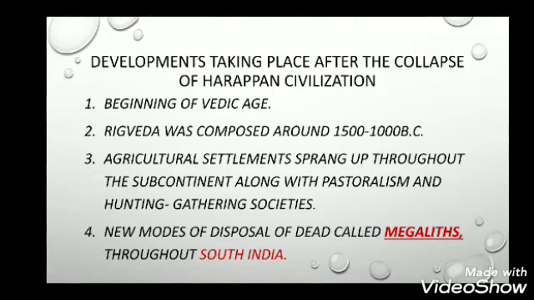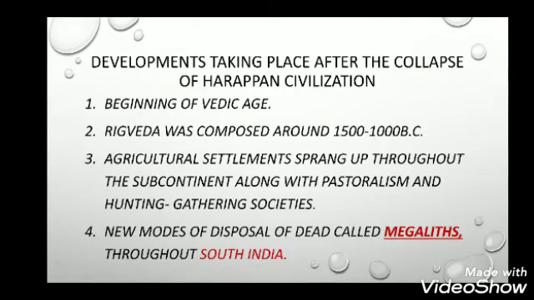So throughout this region, people adopted an agricultural way of life that became their main livelihood. That means more and more people were engaged in agriculture, and in order to do agriculture, you need to settle down. You cannot carry on with the nomadic way of life. So people settled down.